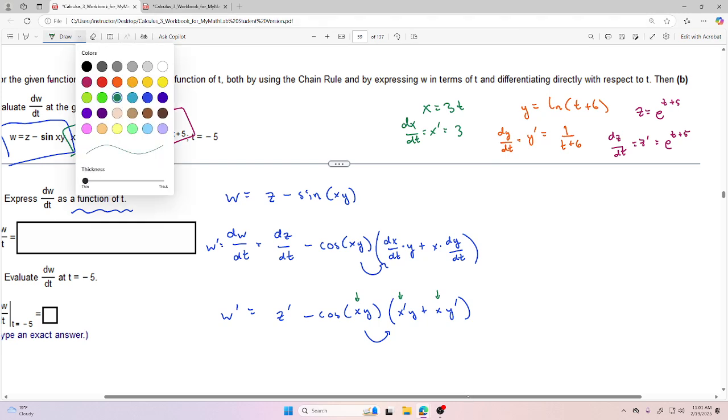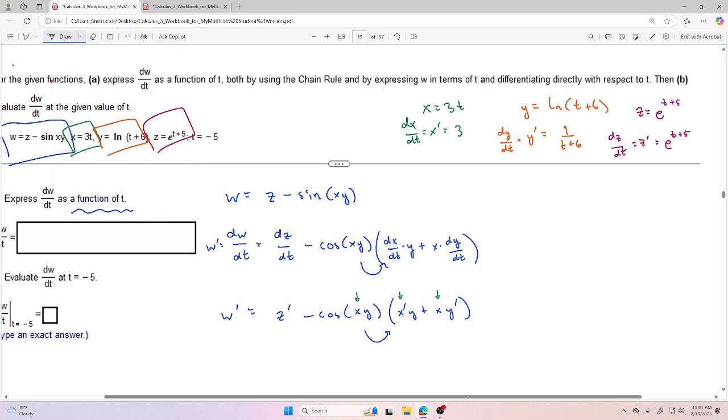And you can use different colors. I don't know, like my greens, my oranges, my wine colors. So my z prime, I'm looking around. Oh, there it is. Cosine of x. Oh, there it is. Times y. Oh, look, I have that. I'm doing that on purpose, by the way. I know it's annoying. Sorry. X prime. Oh, boom.